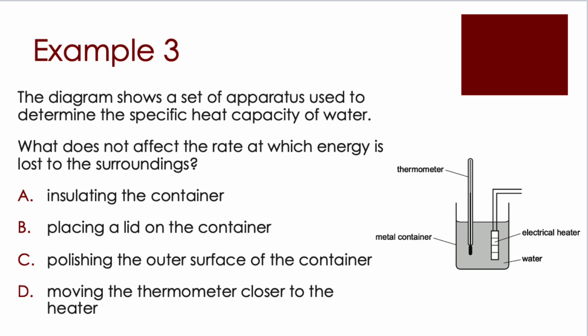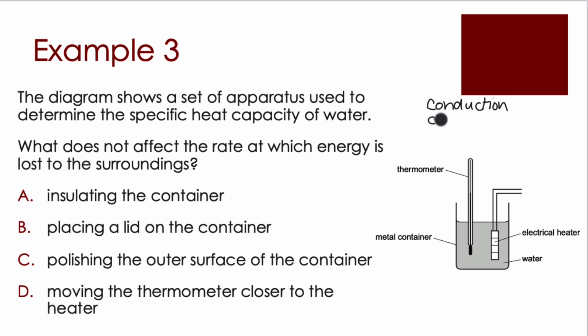Example 3. The diagram shows a set of apparatus used to determine the specific heat capacity of water. This is like the first example I showed you. What does not affect the rate at which energy is lost to the surroundings? Well, let's just remind ourselves, we can lose heat by conduction. That's through touch.